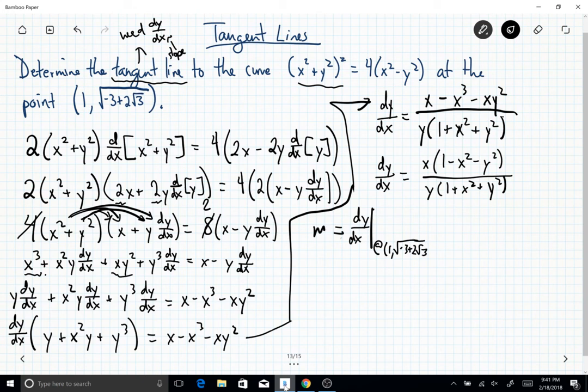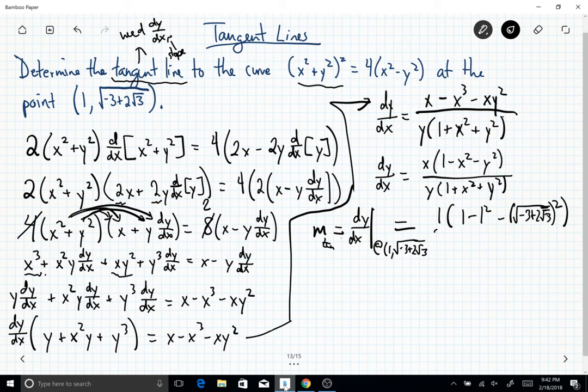Well, this is the slope of our tangent line. And so what does this equal? Well, x is 1, so that's easy there. You get 1 minus 1 squared. Okay, that's easy as well. And then minus, this is where it gets a little nasty, the square root of negative 3 plus 2 root 3, and we want to square that quantity.